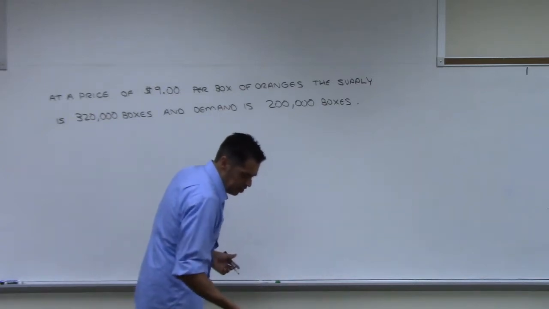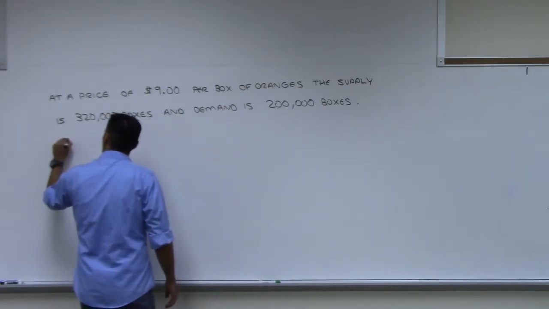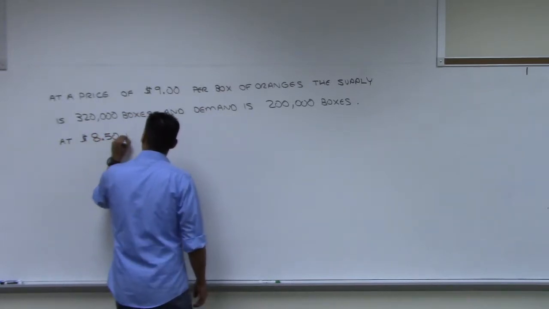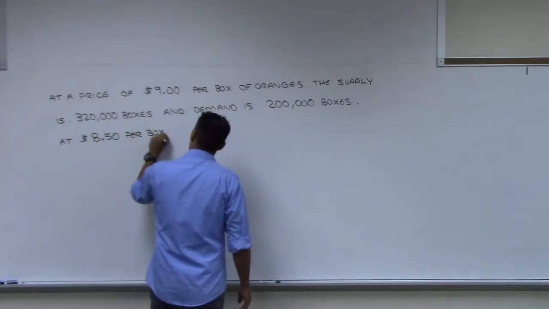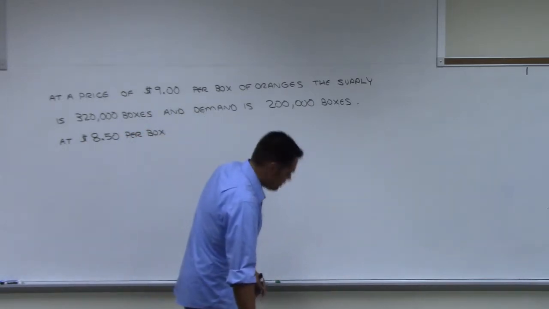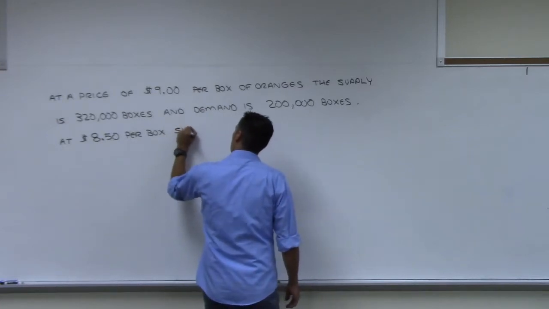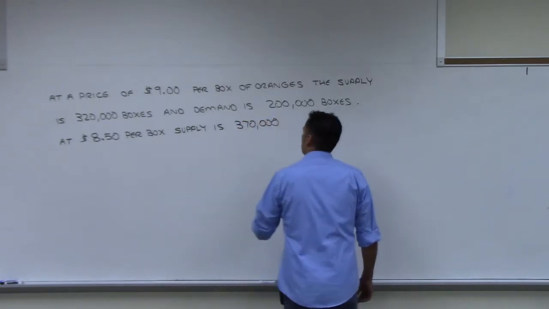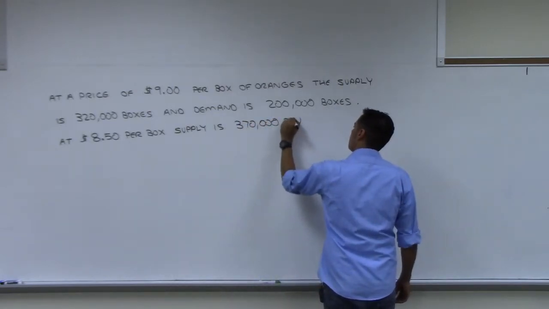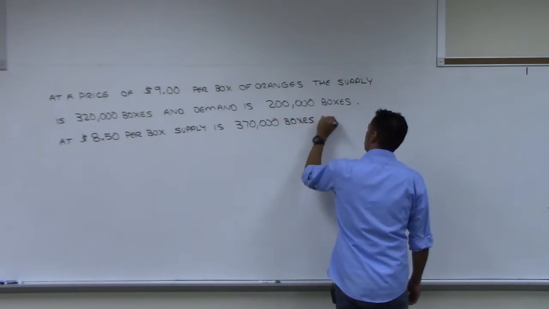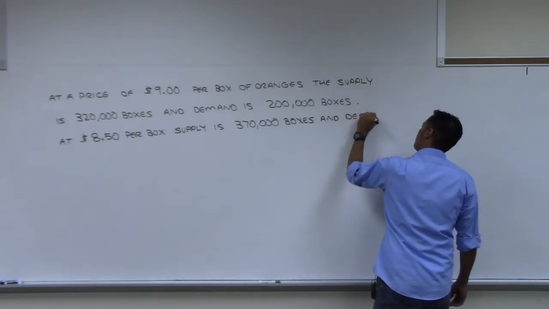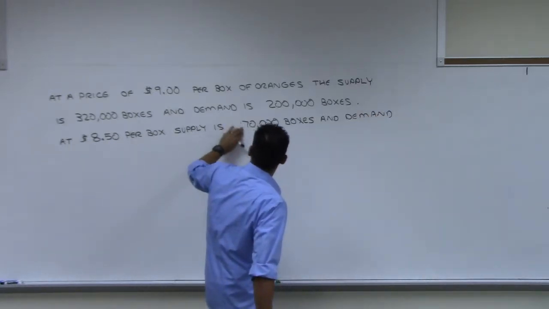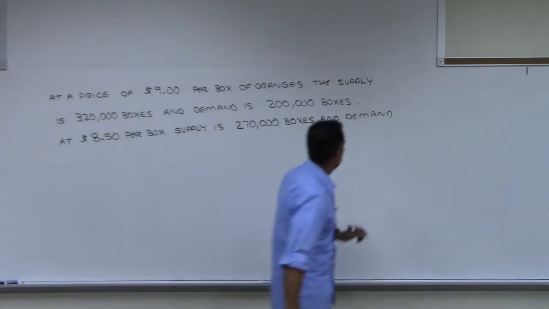So now, if we change the price to $8.50 per box, the supply is 270,000 boxes, and the demand is 300,000. Sorry, I wrote that down wrong, this was 270, thank you.